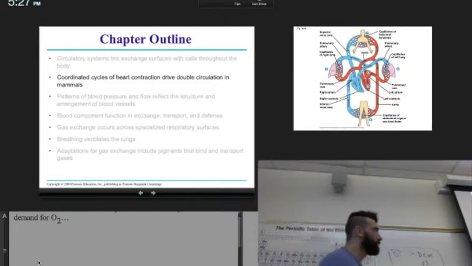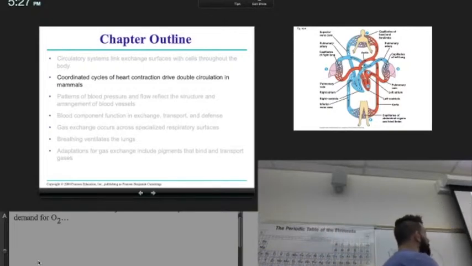Okay, so that's it for the first bullet point. We talked a little bit about different circulatory systems. Now we're going to focus pretty much exclusively on mammals, occasionally drawing comparisons between a couple of other organisms down here.